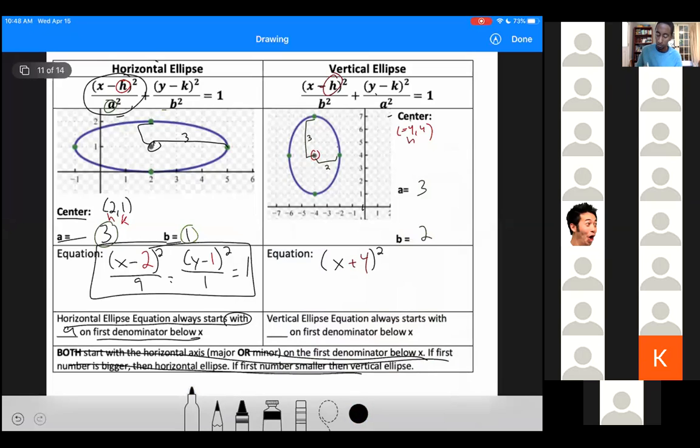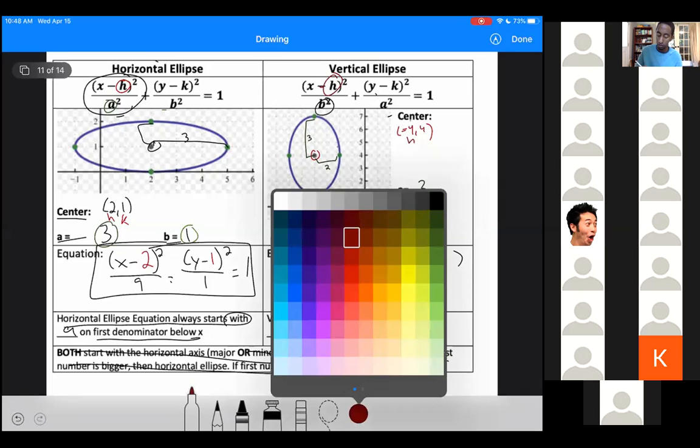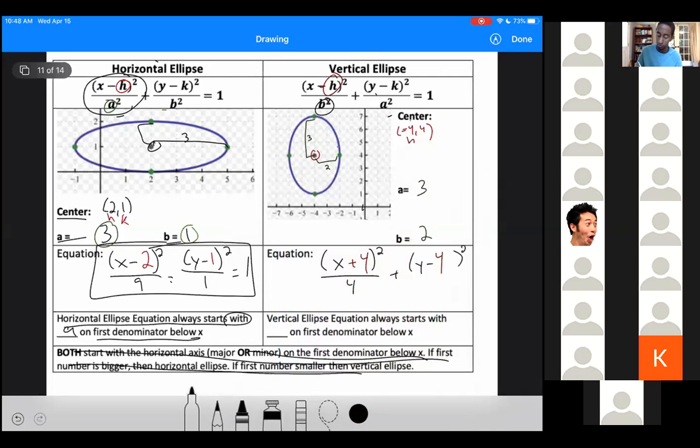And then over b squared, because it's a vertical ellipse, so 2 squared, so that'd be 4, plus y minus k, which is 4, squared, over a squared, which would be 3 squared, so that would be 9, and that equals 1. So that's the equation of the vertical ellipse.